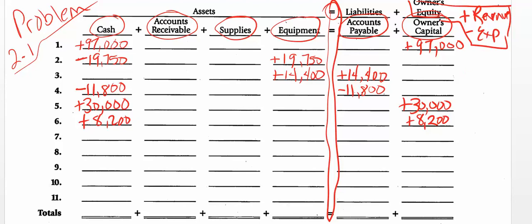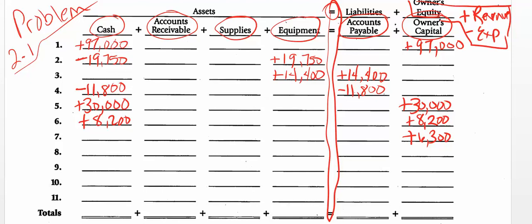Okay, number 7, we perform services for $6,300 on account. So performed services, we know that's revenue. So we're going to add $6,300. And on account means paying us later. And I know the book is not being consistent with the way they're saying this, on account, on credit. They use other terms too.